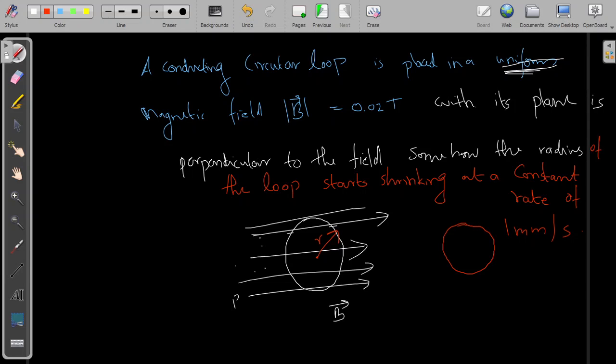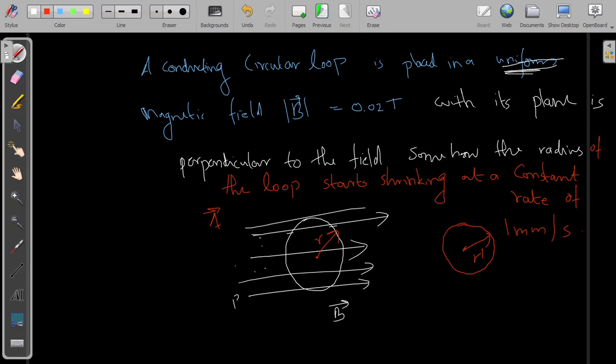So the magnitude of this area vector A is reduced. Here it is r dash.